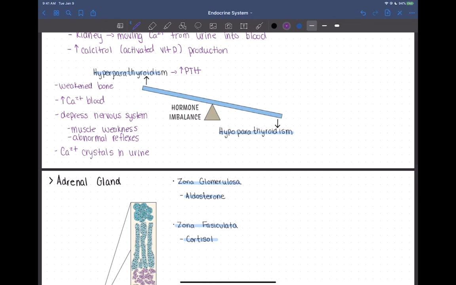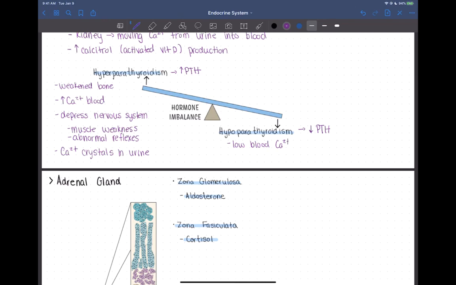Then if somebody doesn't have enough parathyroid hormone, a decreased level of parathyroid hormone, what's going to happen here is that there's going to be very low blood calcium. And that's going to have effects on the nervous system.